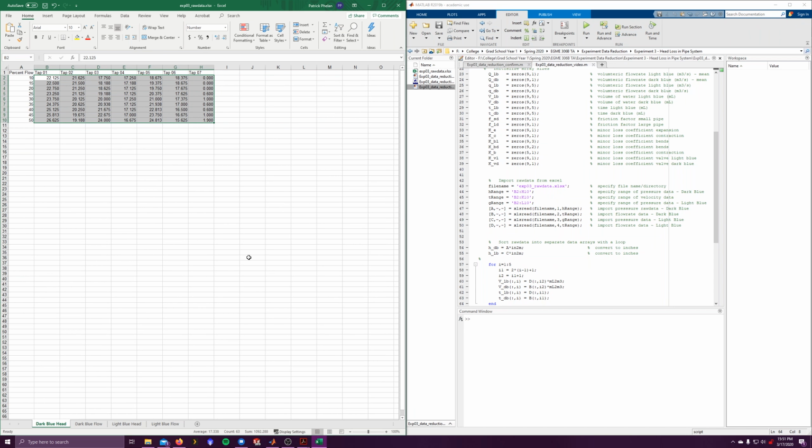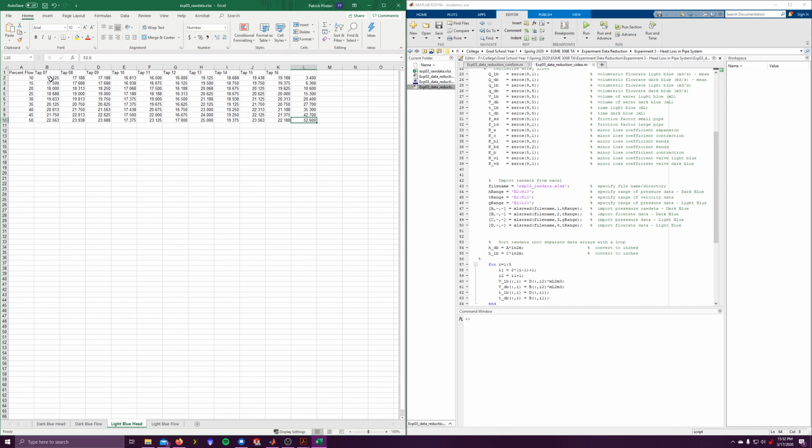And this is going to be for both the dark blue and the light blue. So you see I'm on dark blue right now. If I go to light blue, it's going to be the same rows and columns that we're importing. Okay, then I'm going to import the pressure data for the light blue.